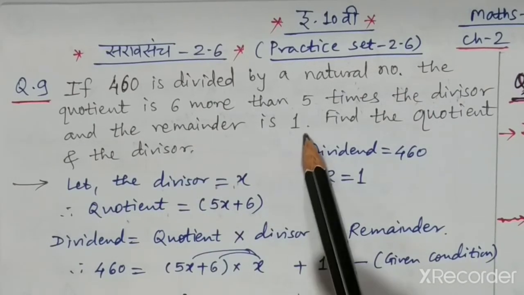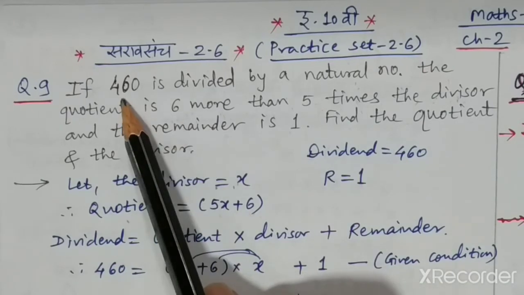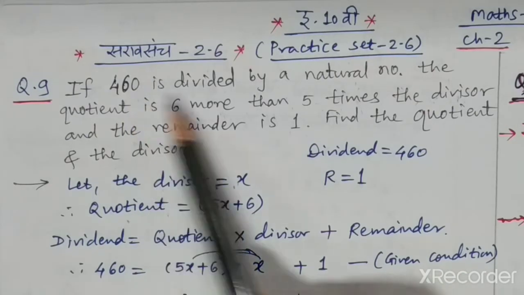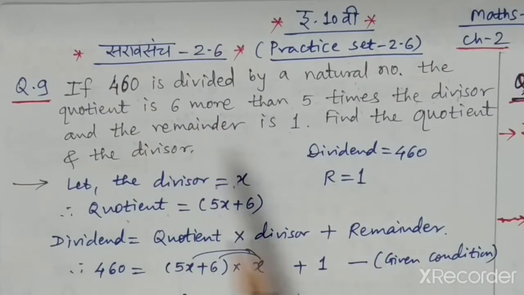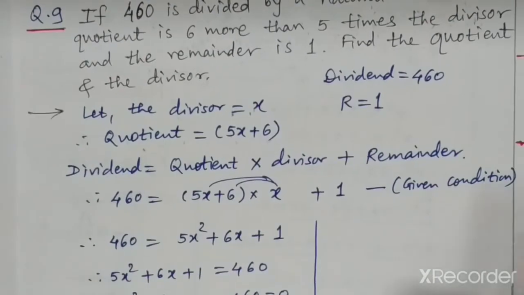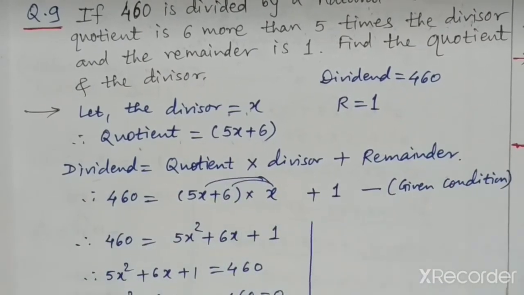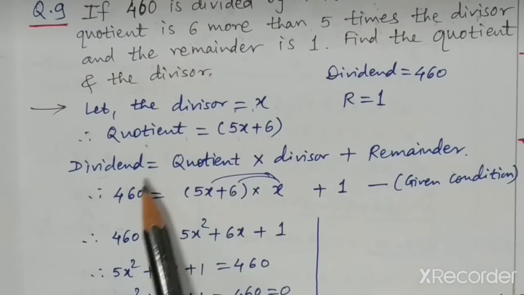Here the remainder is 1, and the dividend, the number which we are going to divide, is 460. We know the formula: dividend is equal to quotient into divisor plus remainder. So put the values here.